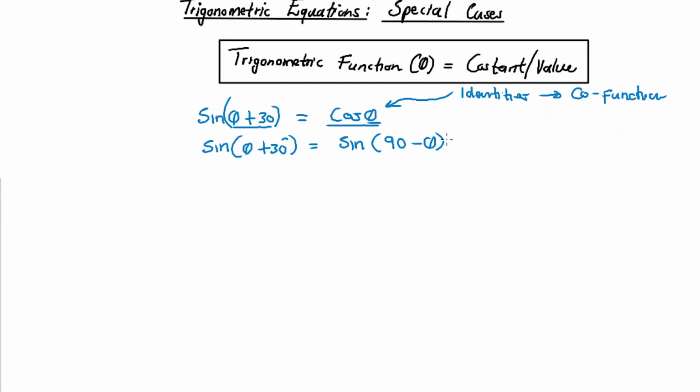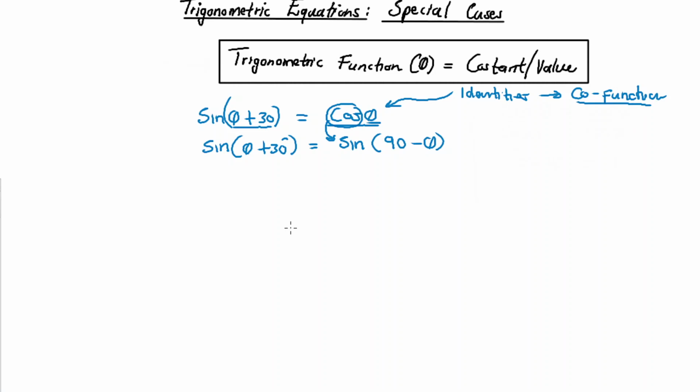Okay, let that sink in. In 5, 4, 3, 2, 1. Sink in. Are you getting it? I hope you do. Look. The reason why I'm doing this, I'm using the co-function formula to write cos as sine.